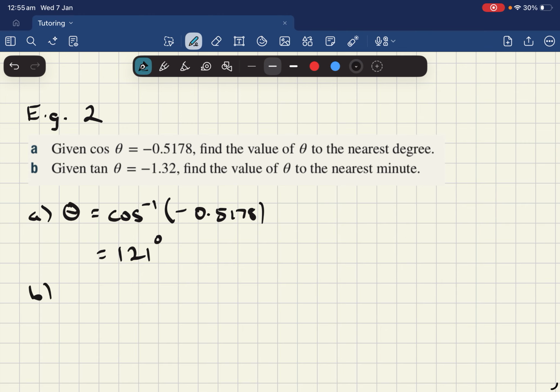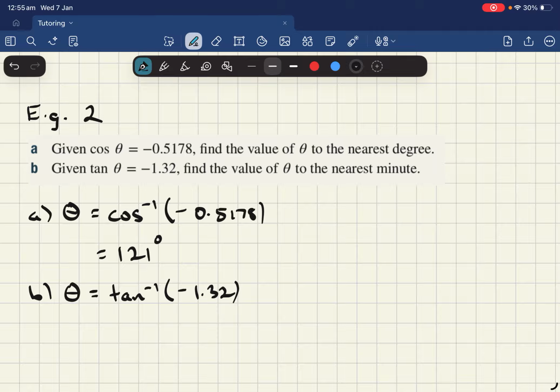Now, part B, we have that tan theta equals negative 1.32. To find theta, we have to take the inverse tan of negative 1.32. And this is saying to the nearest minute.